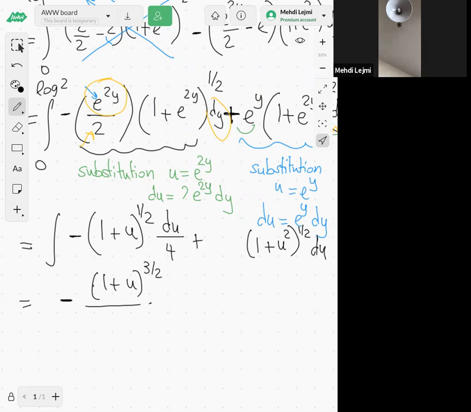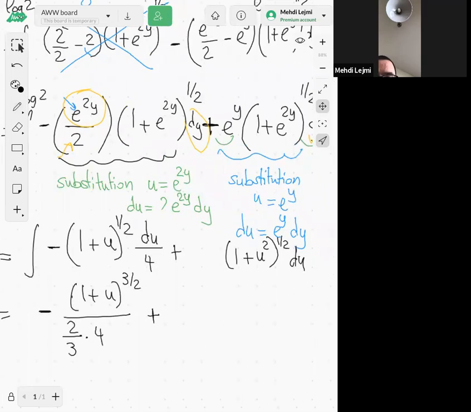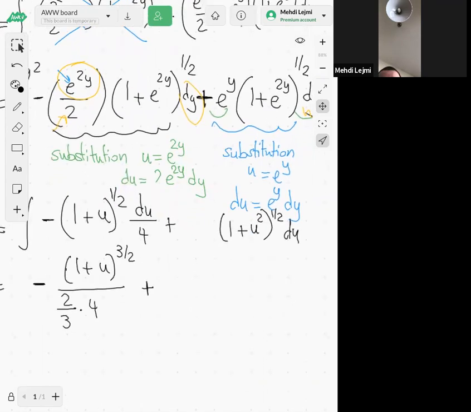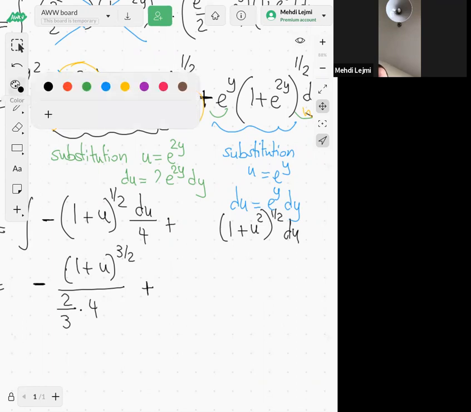And then you have to divide by this 3 halves, so over 2 over 3 here times 4, right? That's for the first part, plus, so this is here. So this is a square root of 1 plus, I think I forgot u, right? There's a u here, sorry.